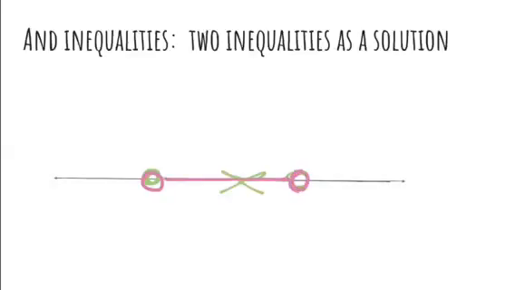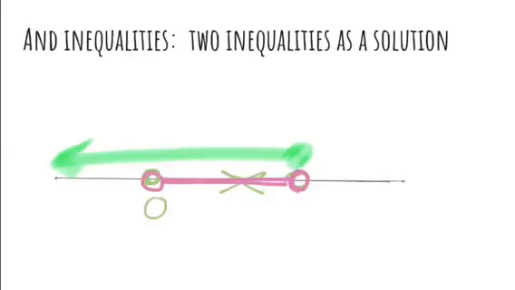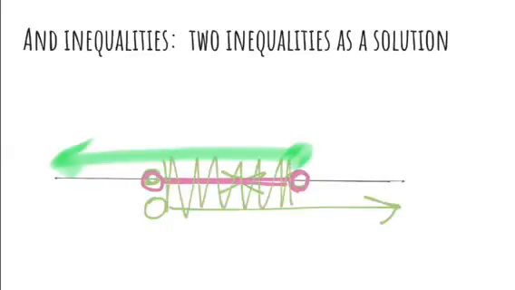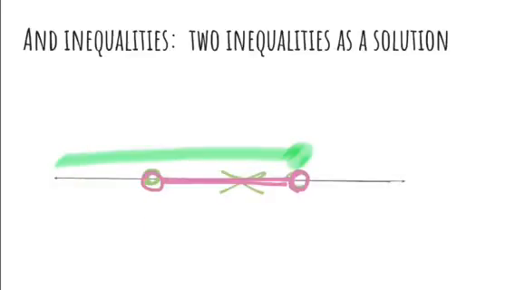Kind of looks like a barbell to me. It stops when you get to the other, because even though this inequality goes forever this way, and this inequality goes forever this way, it's where they're both true, so it's where they overlap, which is right here.